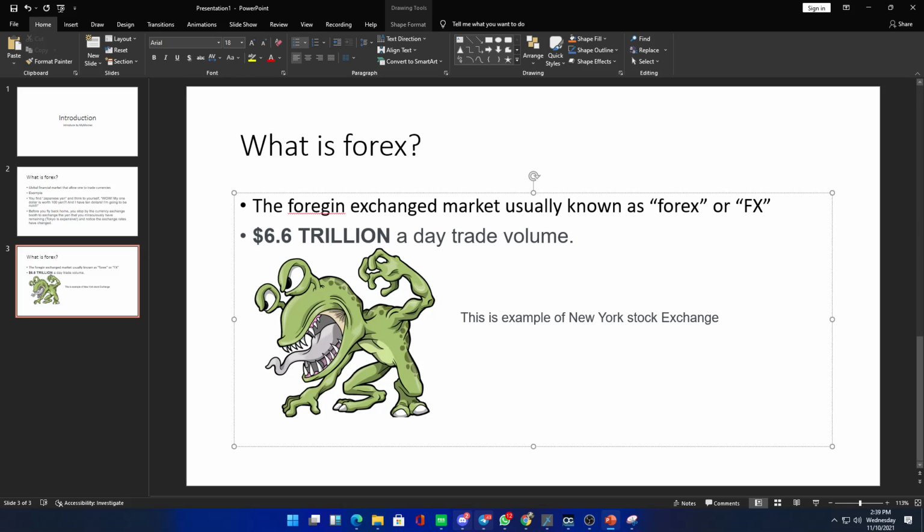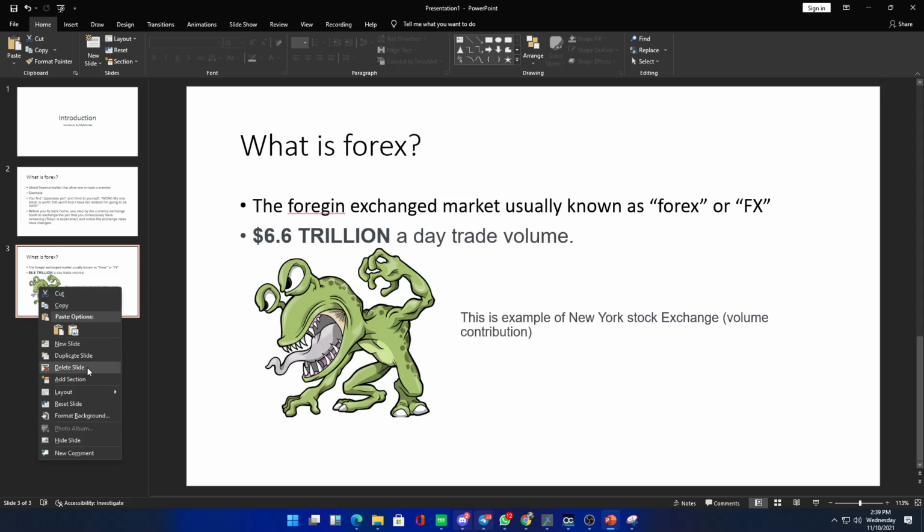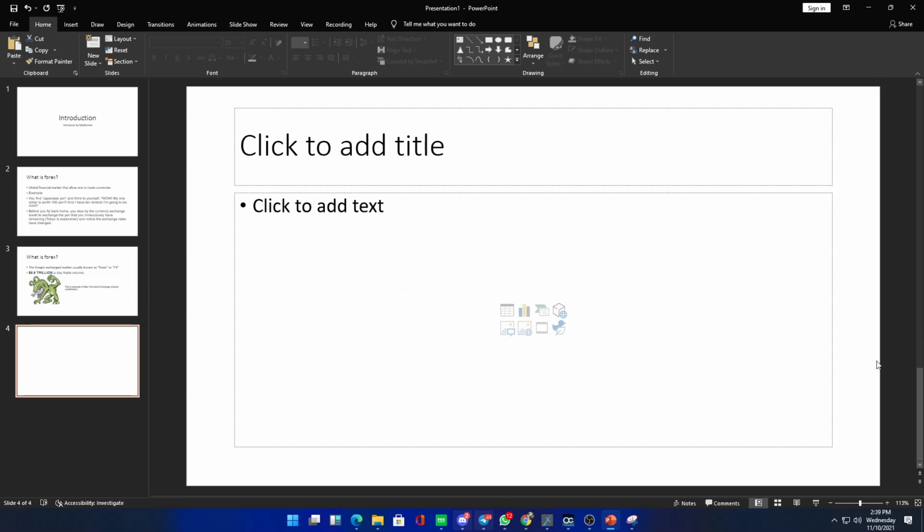The volume, the word volume contribution. Okay.